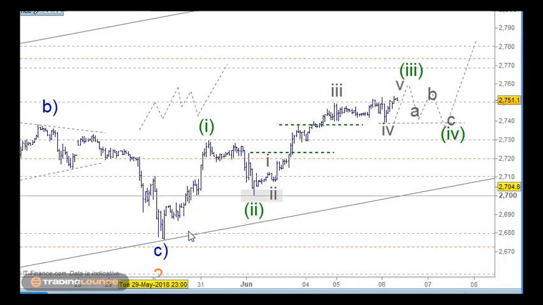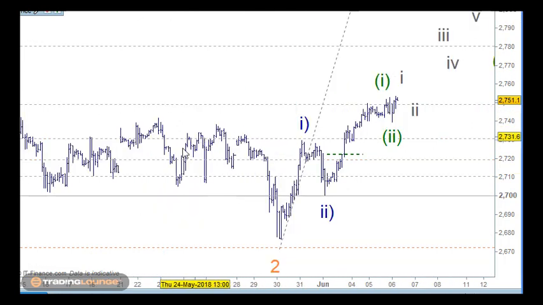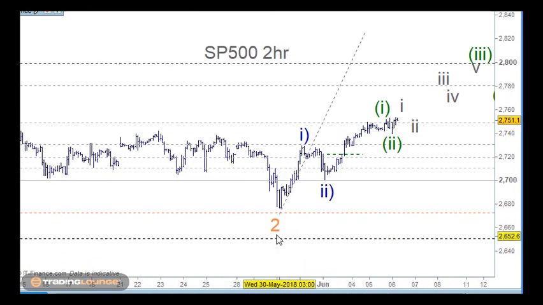There is another count for this here as well, looking at this not as wave 3 here. It's probably not the case, but looking at it like this here, looking at this as wave 2 here, then wave 1 and 2. So rather than 1 and 2 and 3 here, I've got it as 1 and 2 here, then 1 and 2 here, and then 1 and 2 here, and building up that way.